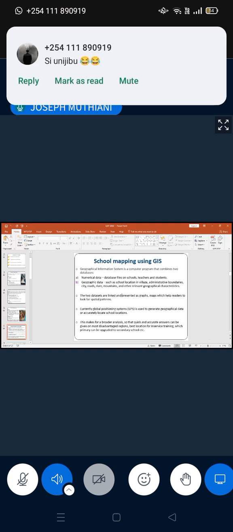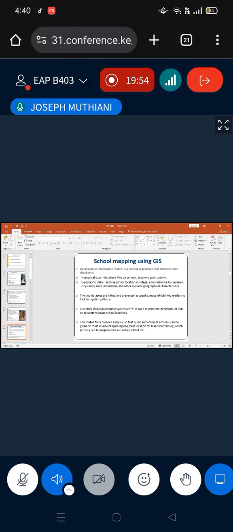Now, school mapping nowadays uses GIS, the Geographical Information System, which is a computer program that combines numerical data, basically a database of how many students are available within that locality and how many teachers already exist within that locality, and geographical data, which tries to locate the exact position where the school can be located.